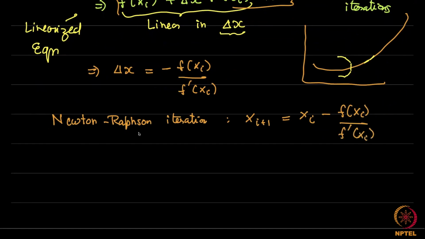An easy way to remember which comes above and which comes below is dimensional analysis. f has the dimensions of f, and f prime has the dimensions of f divided by delta x. So you need x, delta x, and x here. So this is the Newton-Raphson step.